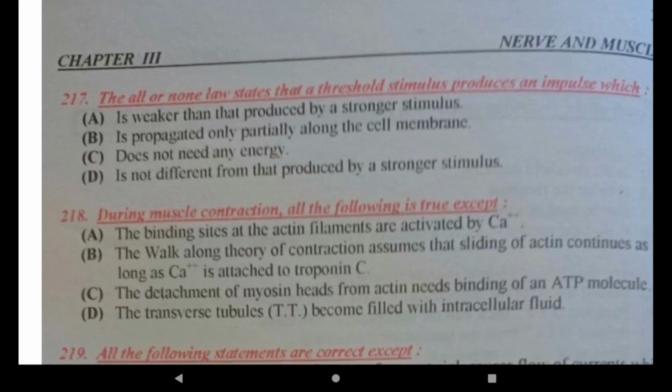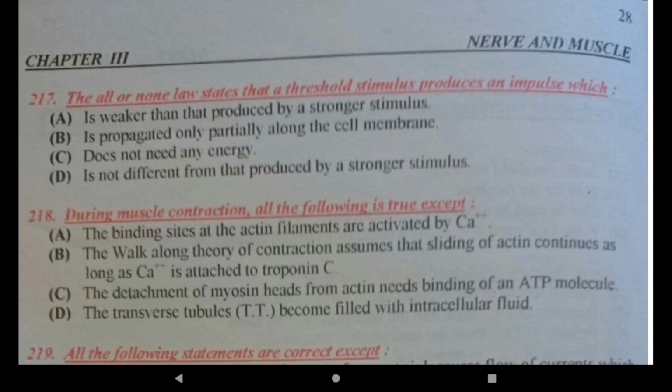Good. Let's go ahead and look at our next question, which says the all or nothing law. The all or nothing law states that the threshold stimulus produces an impulse which A. is weaker than that produced by a stronger stimulus. B. is propagated only partially along the cell membrane.